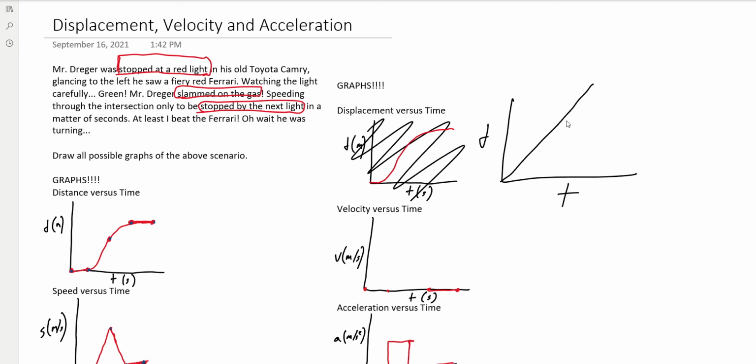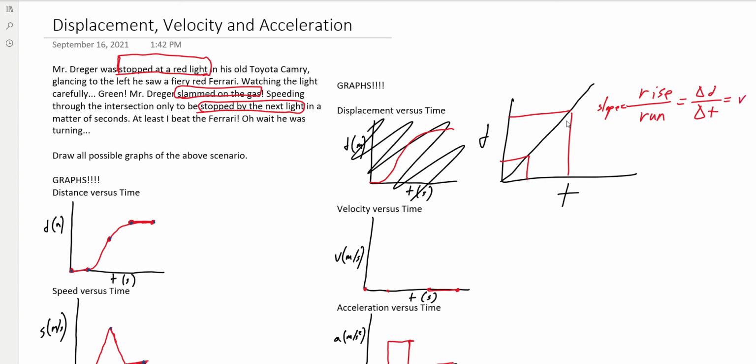If you look at this graph and we find the slope of the line, which we can get by looking at rise over run, that is the same thing as saying the change in distance or displacement over the change in time. And guess what that is?